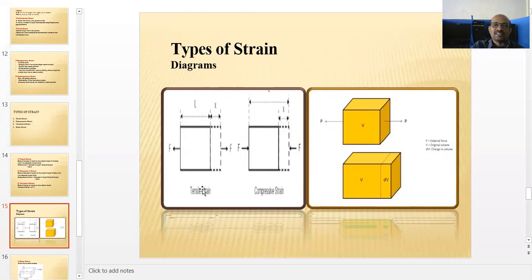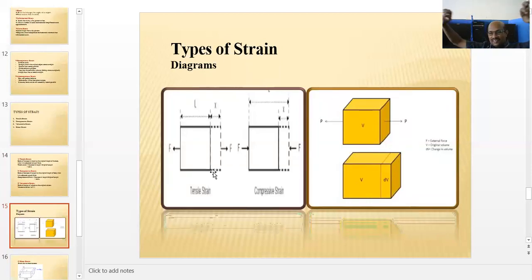Another one is tensile force. This is the original length of the object. Then we applied the force, and that is called tensile strain.